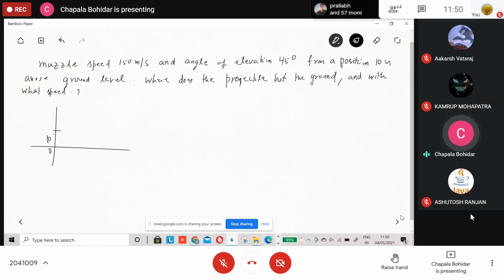From here it is fired. So now we add 10 to the y-axis expression, and v0 is given as 150 meter per second.